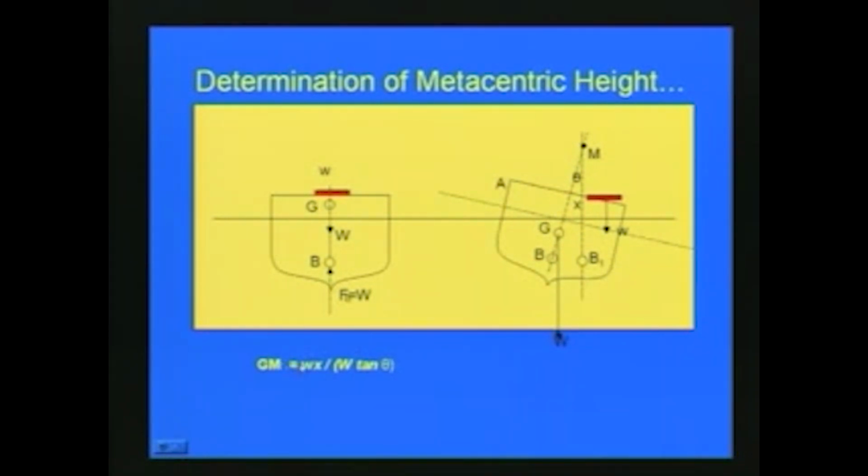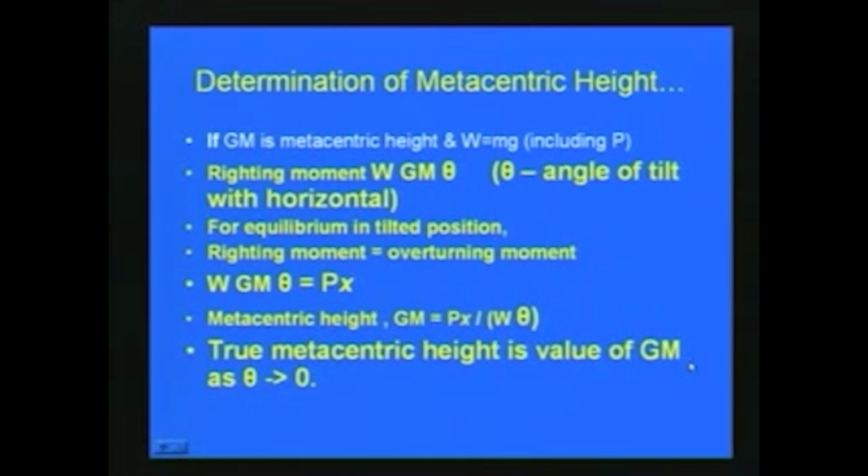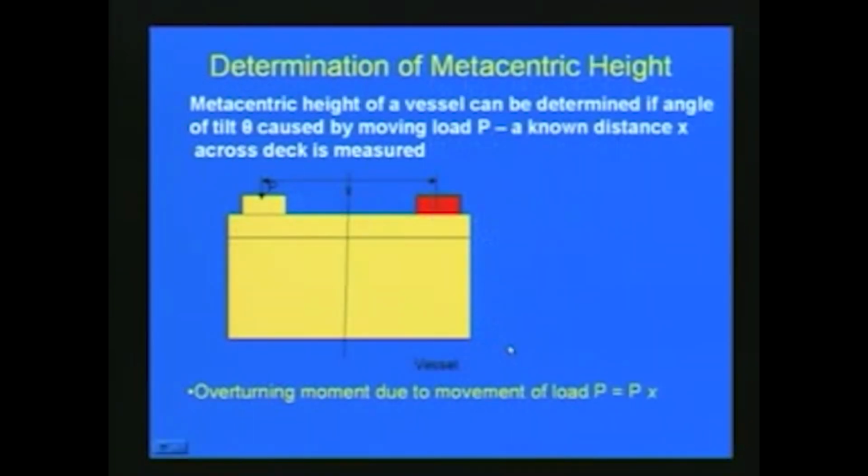So we can write GM is equal to Wx by W tan theta, or when theta is small, W theta, as we have seen in this slide. This derivation is with respect to the previous figure.